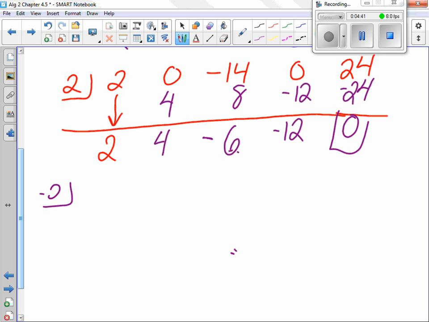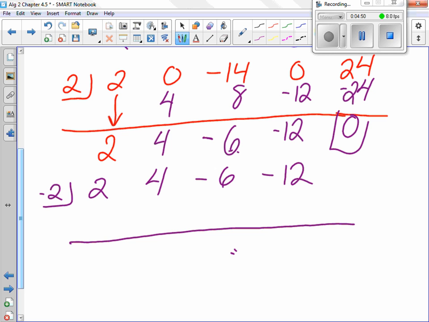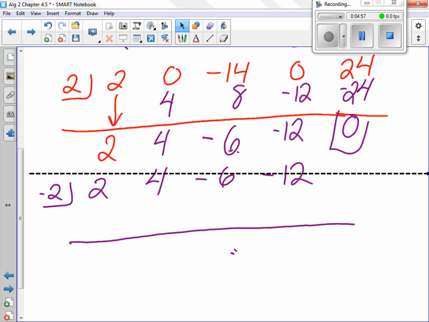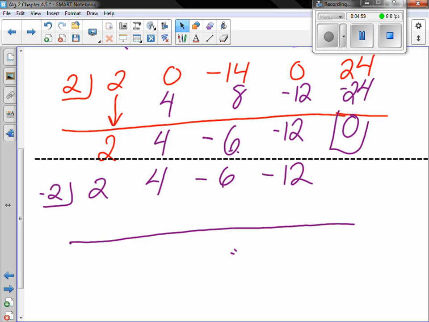I'm going to do it again with -2, but again, I'm just using what we got from the previous one: 2, 4, -6, -12. I'm going to put kind of a dashed line to separate this here. Negative 2 times 2 is -4.